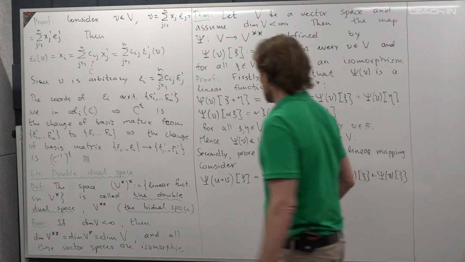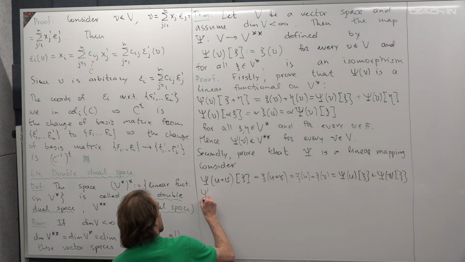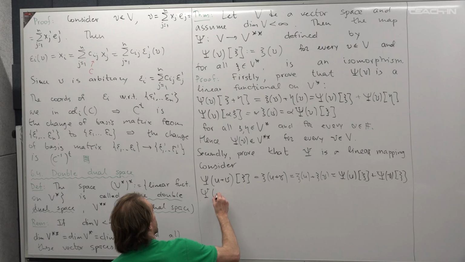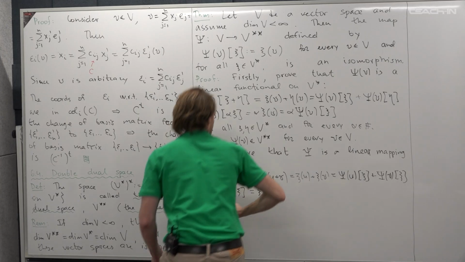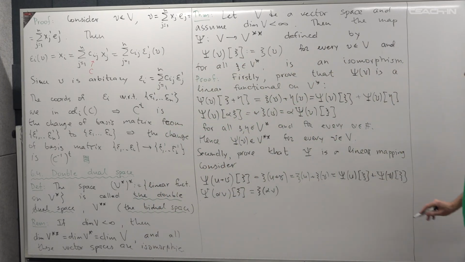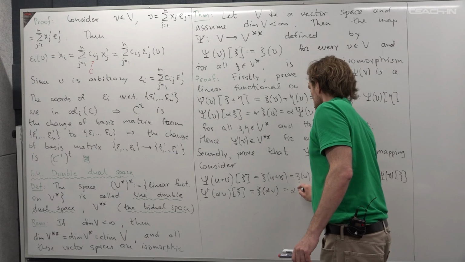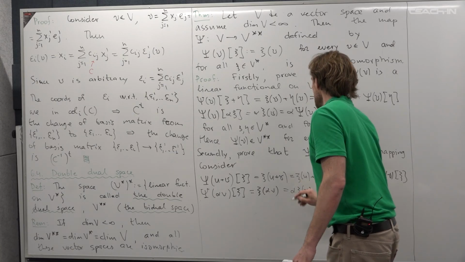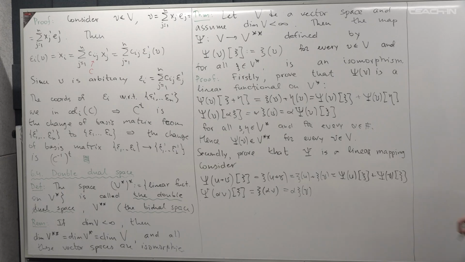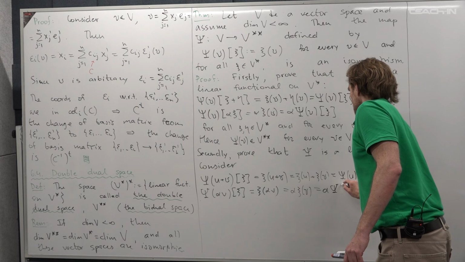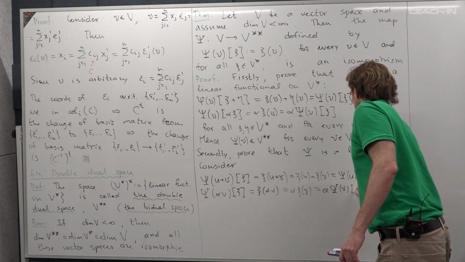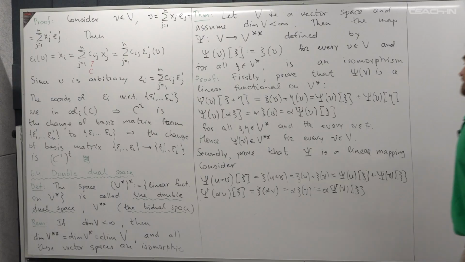In a similar way, we take psi capital of alpha v and apply it to a linear functional. According to the definition, we get psi of alpha v, which is alpha multiplied by psi of v, according to the property of linearity. And so we get alpha multiplied by psi capital of v applied to psi.